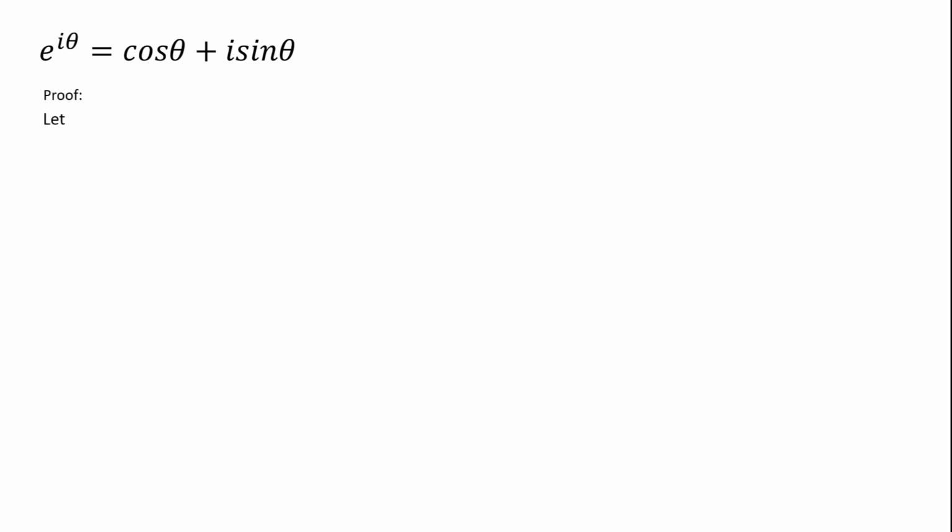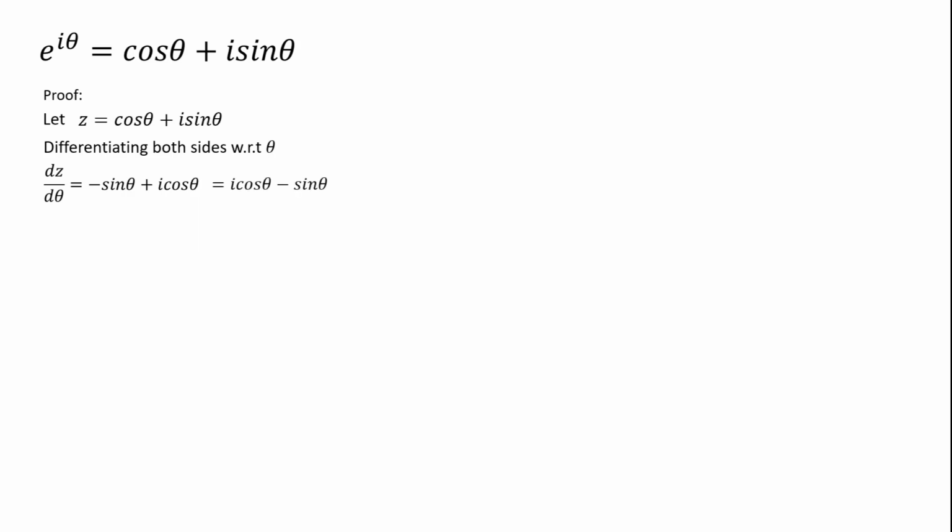So let's suppose that z is equal to cosine of theta plus iota sine of theta, and by differentiating both sides with respect to theta, we will have dz over d theta is equal to minus sine of theta plus iota cosine of theta, which can be rearranged into iota cosine of theta minus sine of theta.